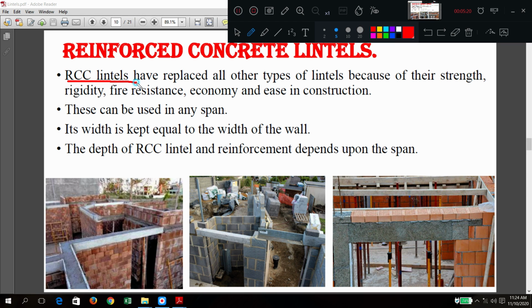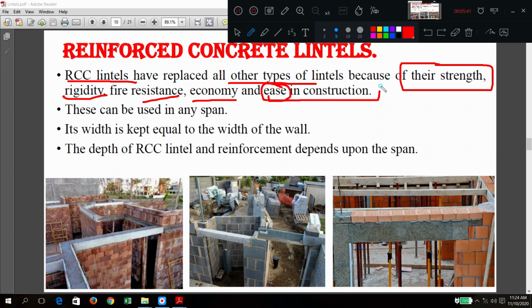RCC lintels have replaced all types. Why? Because they have high strength compared to other types. High strength, high rigidity, fire resistance, and economy, meaning they are cheap, and the construction is also very easy.